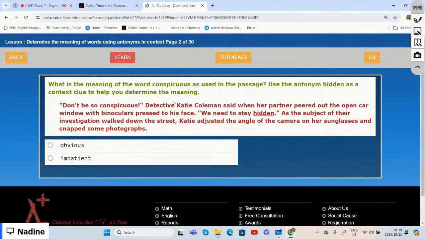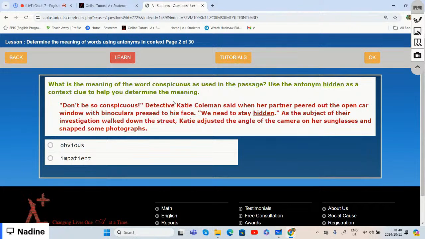It says, "Don't be so conspicuous," Detective Katie Coleman said when her partner peered out of the open car window with binoculars pressed to his face.